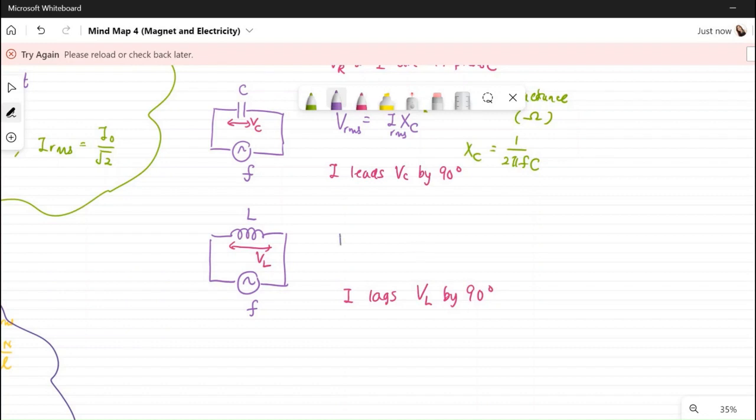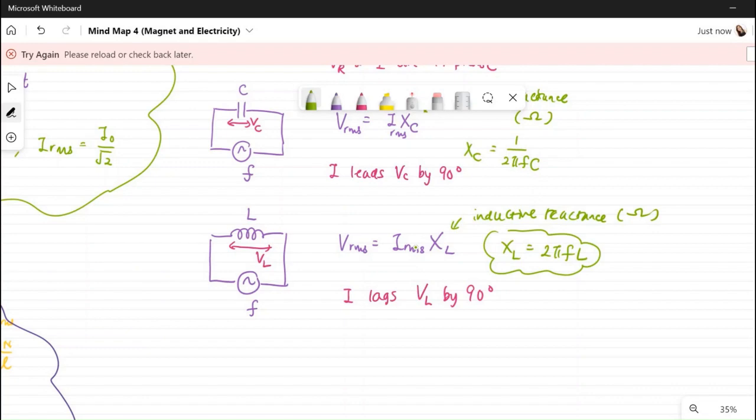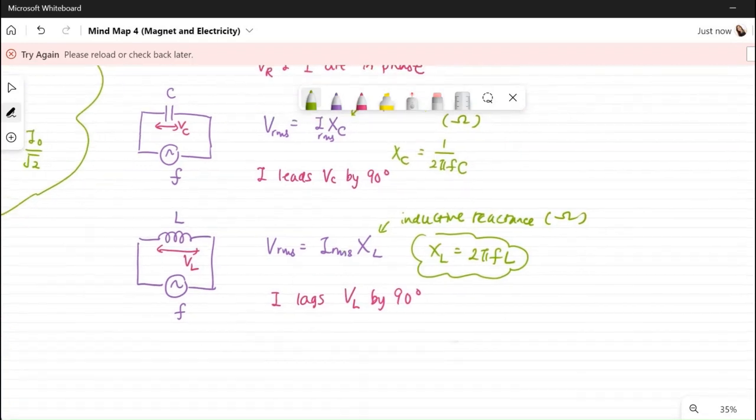Of course, we can still apply Ohm's law: V RMS is equal to I RMS multiplied by the inductive reactance. XL stands for inductive reactance, which has a unit of ohm as well, where XL is proportional to the frequency. XL is equal to 2 pi fL. The frequency, of course, refers to the frequency of the generator.